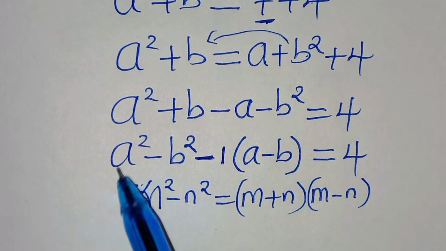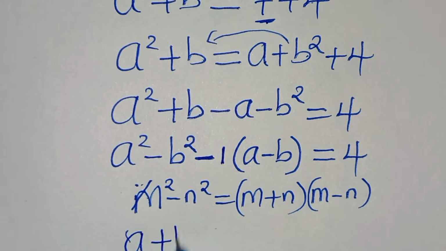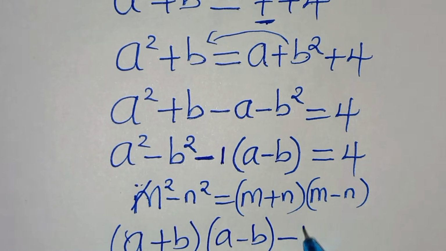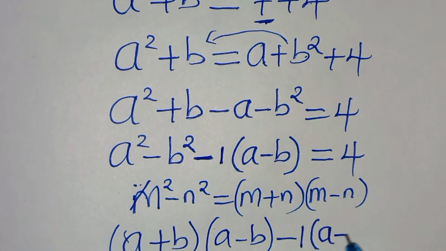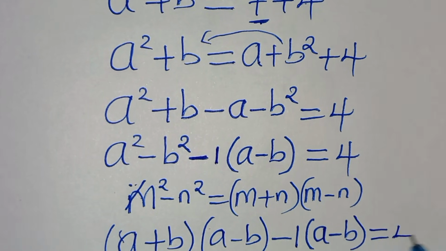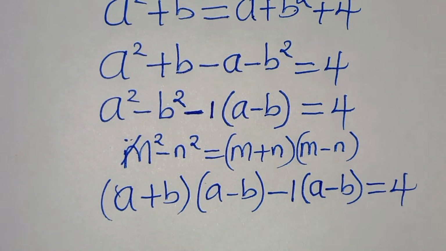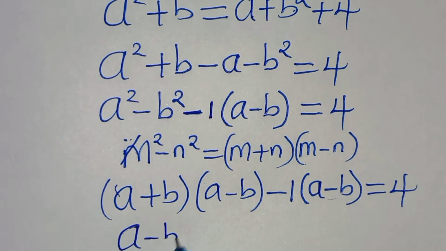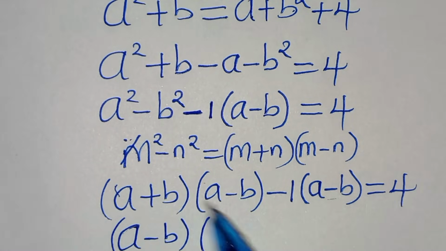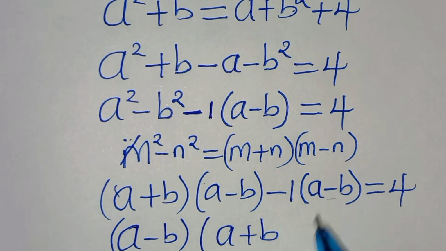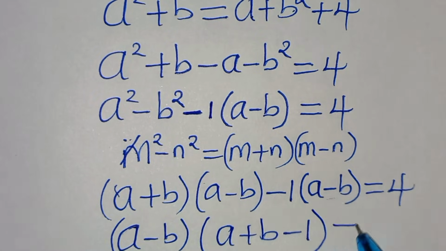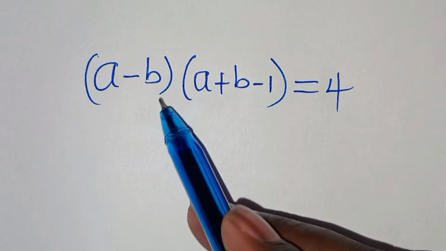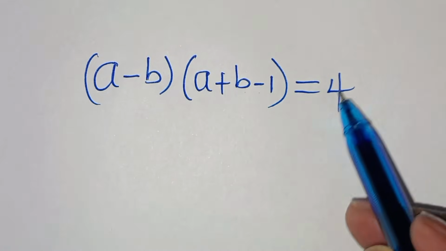Applying this property, here we have a plus b multiplied by a minus b, then minus 1 into the parentheses, a minus b, this is equal to 4. Now if we check here, a minus b is common, so we can factor out a minus b into the parentheses, a plus b, subtract 1, this is equal to 4. Now we have a minus b times a plus b minus 1, this is equal to 4.